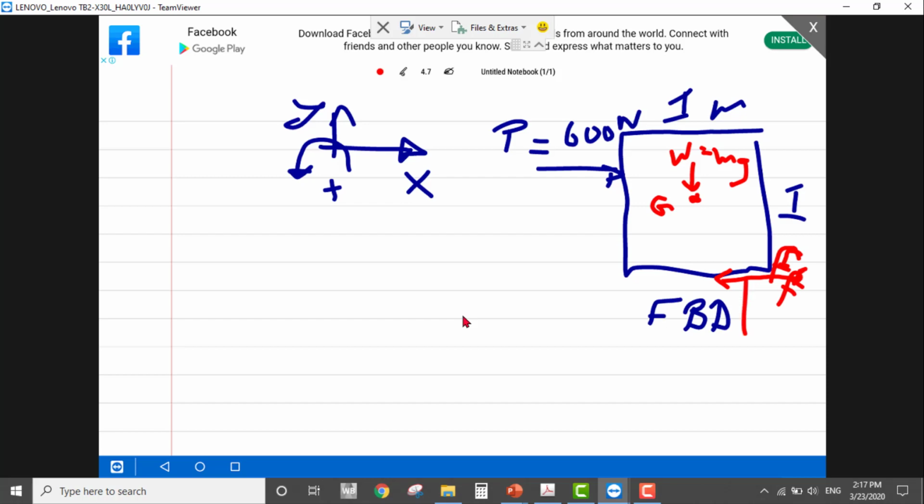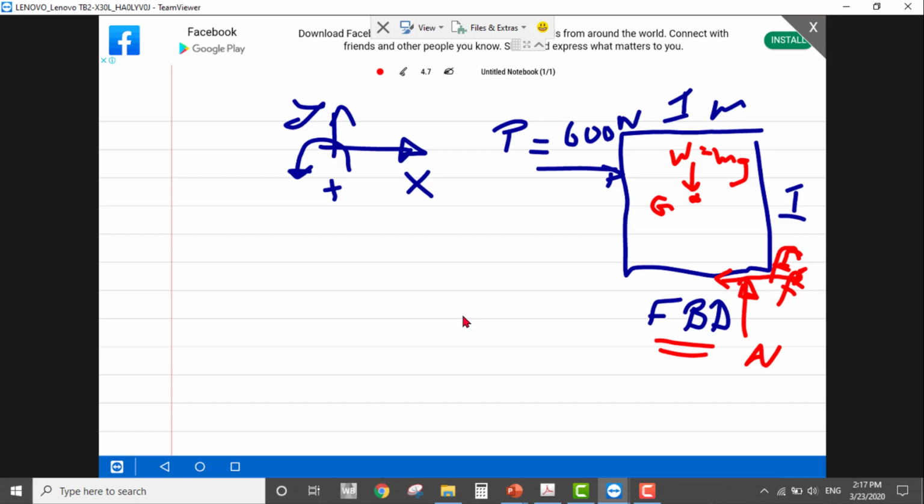We have normal force. Here is the normal force, okay. Now do we have any other force? No, we don't have any other force. So this is the free body diagram.